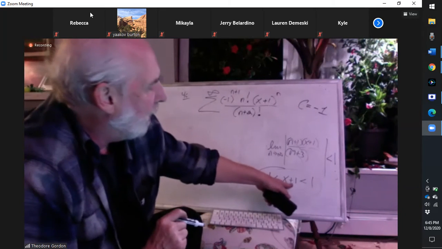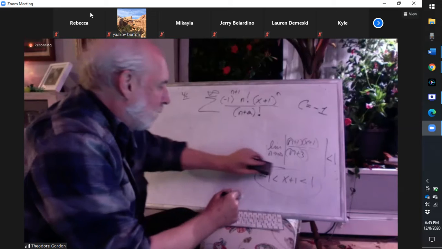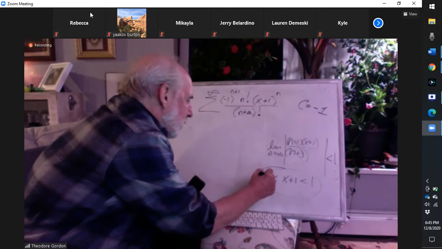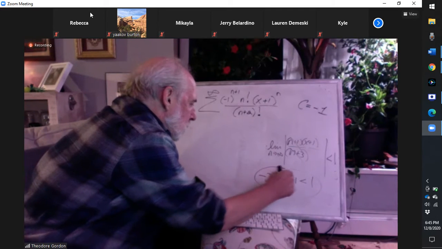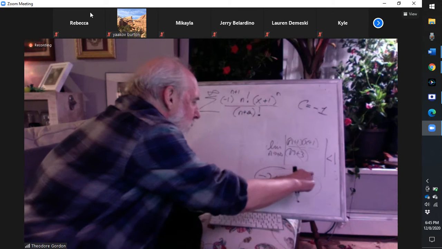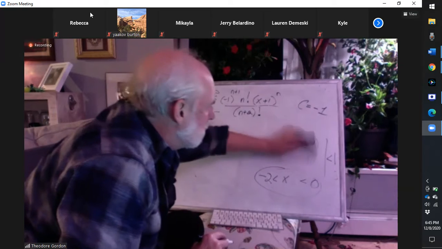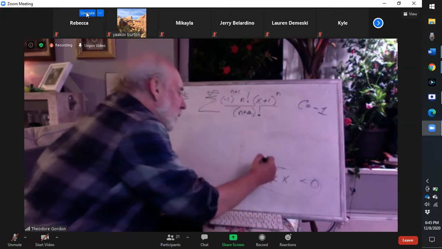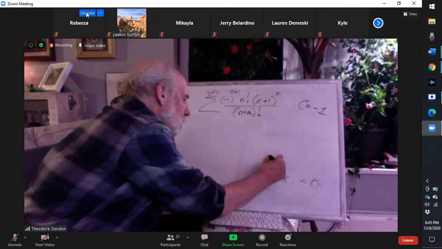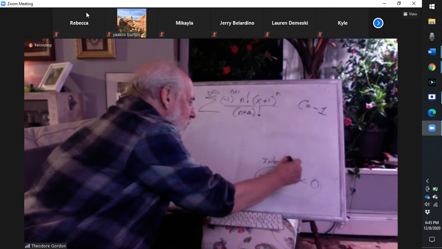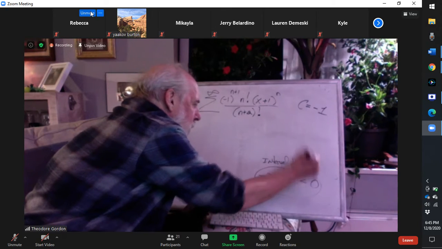To solve for x, we subtract 1. So here we get -2. We subtract 1 again, and we get 0. That's the interval of convergence.